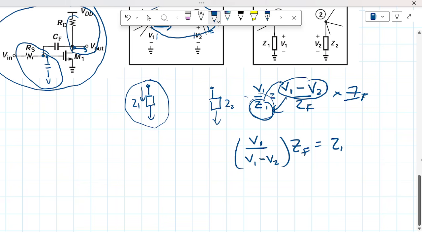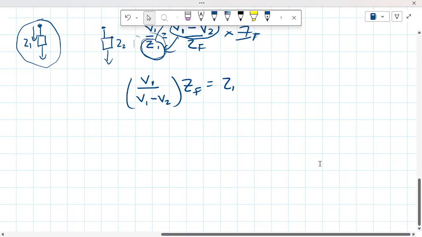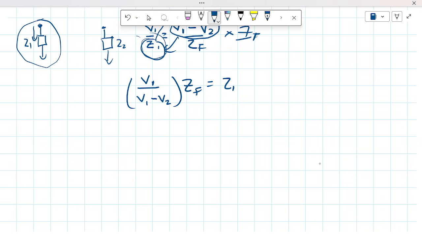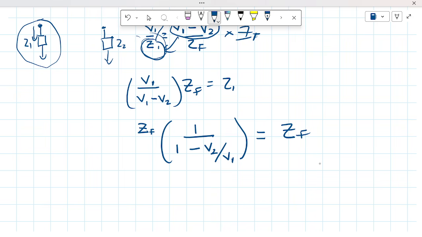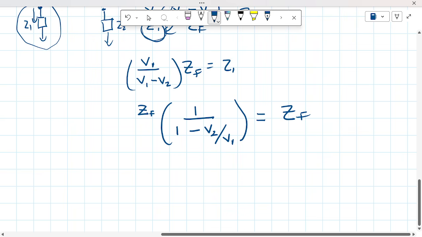Okay, then I can divide the numerator and the denominator of the factor in the bracket by V1, and I'm going to get ZF times 1 over 1 minus V2 over V1, which is going to be Z1.